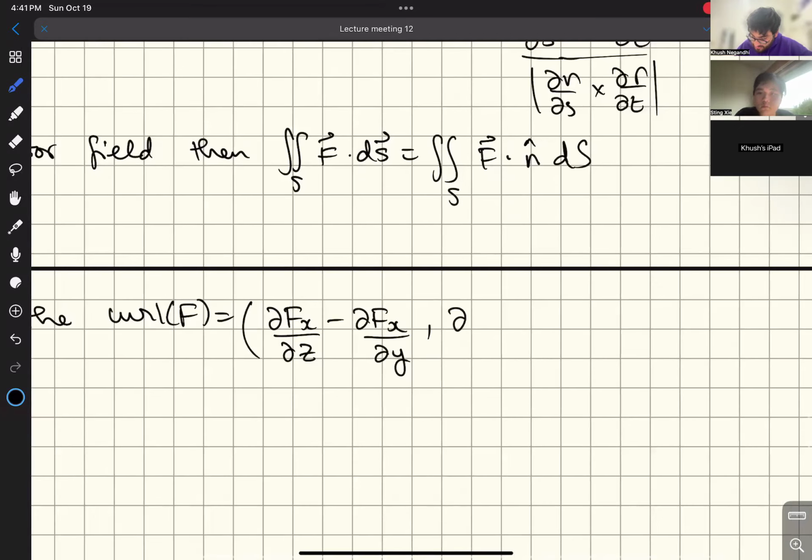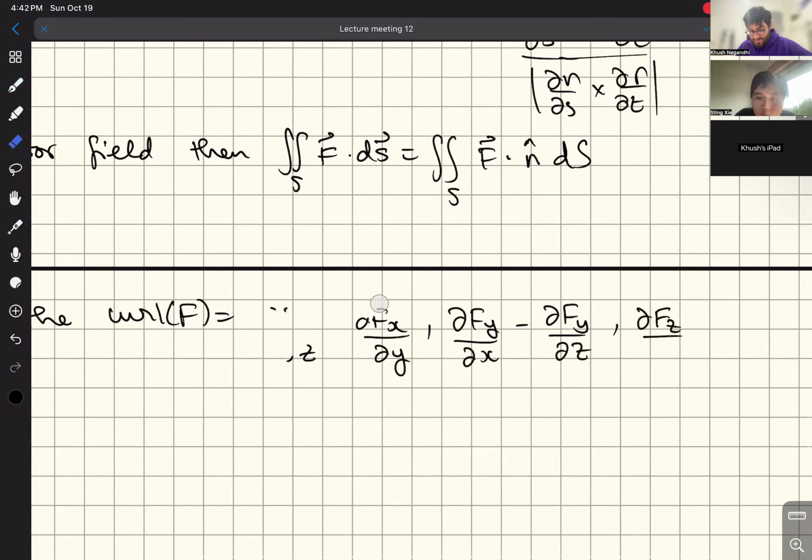Then you have the partial of fy with respect to x minus the partial of fy with respect to z, partial of fz.